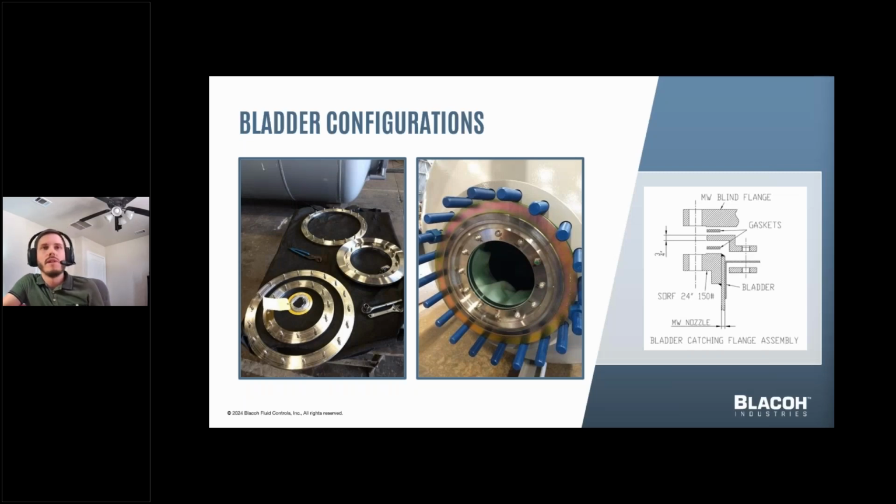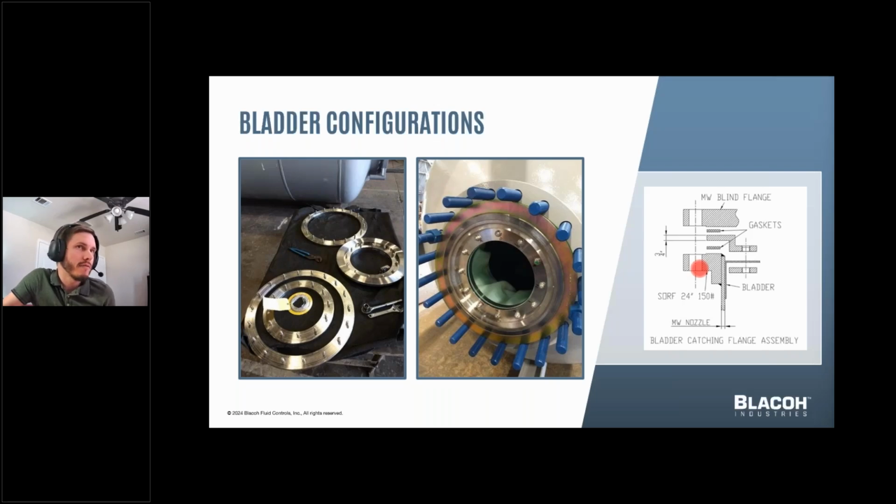So I mentioned before that the bladder can be used as the gasket in a lot of applications. But if you don't want to use the bladder as the pressure containing gasket, you can use what we call catching flanges. They sandwich the bladder, and then one piece of it is sandwiched in the blind flange and the nozzle, so that the catching flange assembly is the pressure containing component.